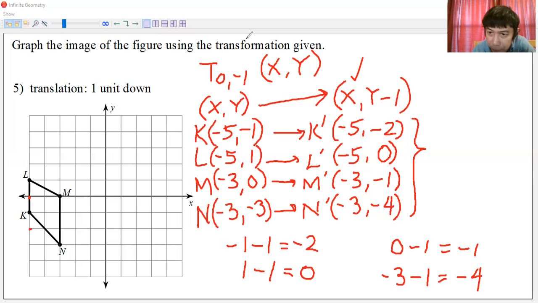So negative 3, negative 1 must be along the side MN here. There. Okay. I made it larger. And then we have negative 3, negative 4. That must be just below the N. There. All right. Excuse my points. That will be hidden later.